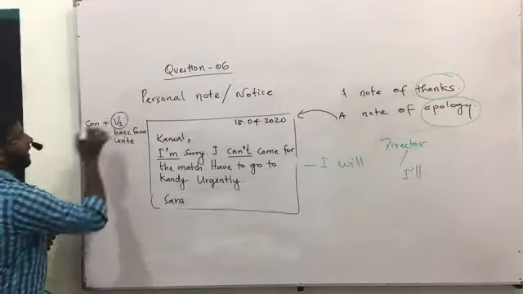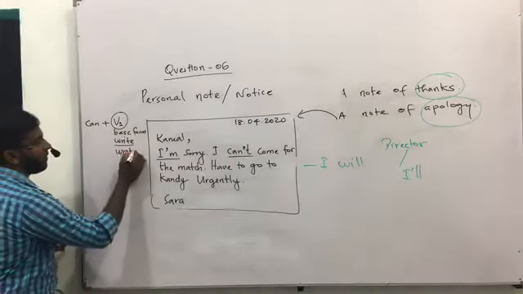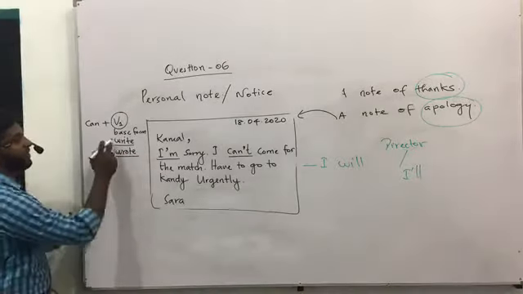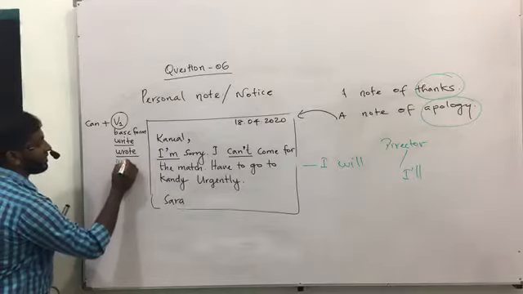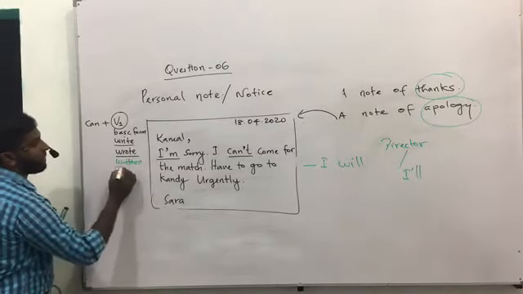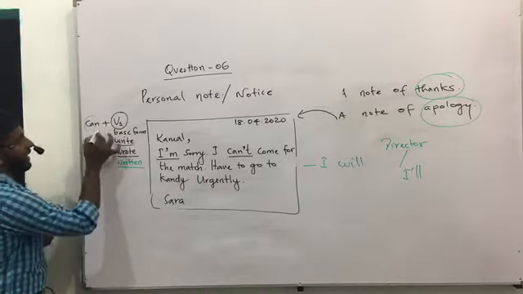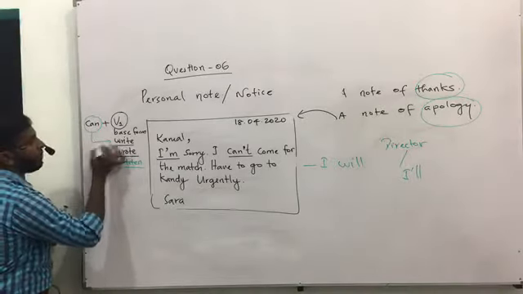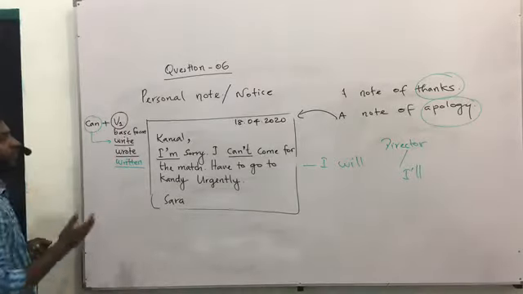Here you can put only write. You can't put wrote because it is the past tense of the word write. And you can't write written here because this is the past participle form of the word write. So after can, you can put only the base form of the verb. That's why I am telling you this is the verb 1 form.